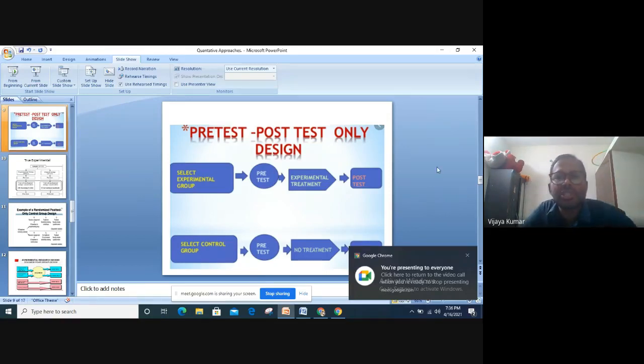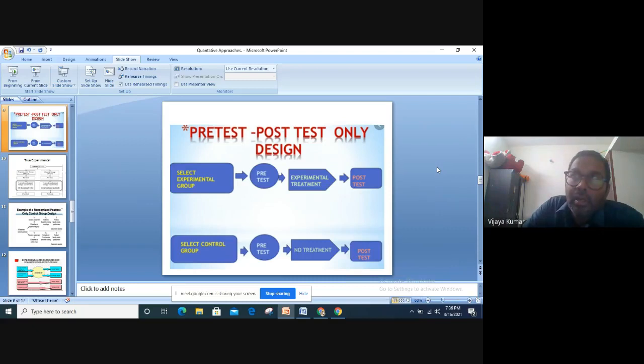So she was talking about using online instruction to teach writing at tertiary level. Let's say that she's applying the pre-test and post-test only design, which means, just like the earlier method, she will have a control group and an experimental group.